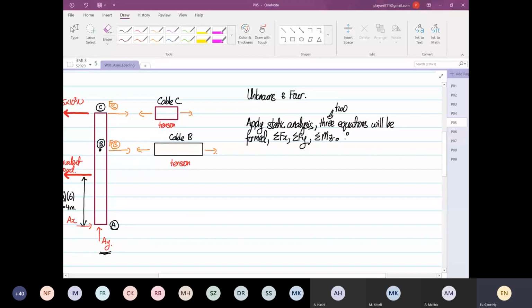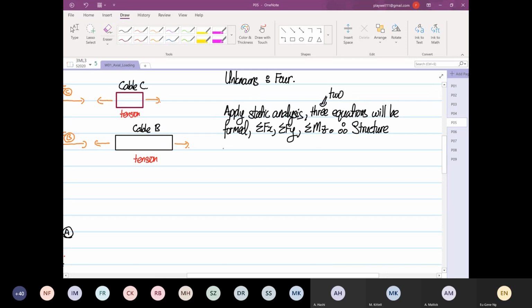So therefore, you realize that the structure cannot be solved using static analysis.